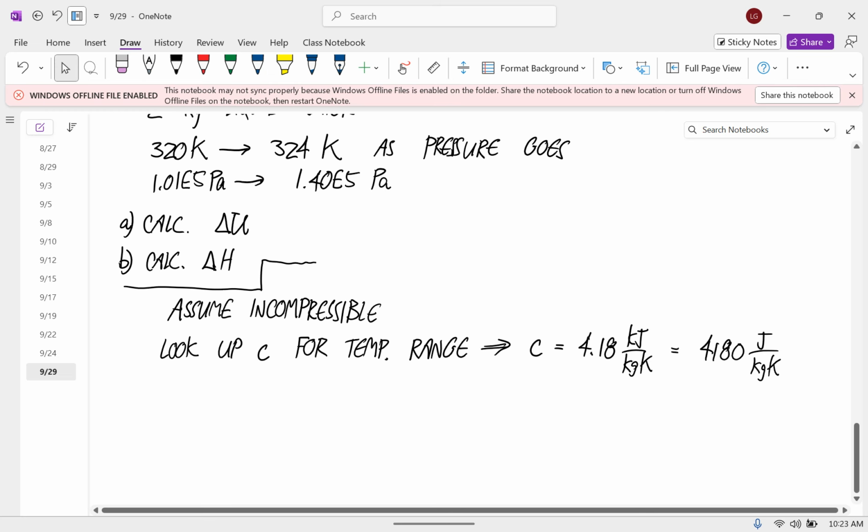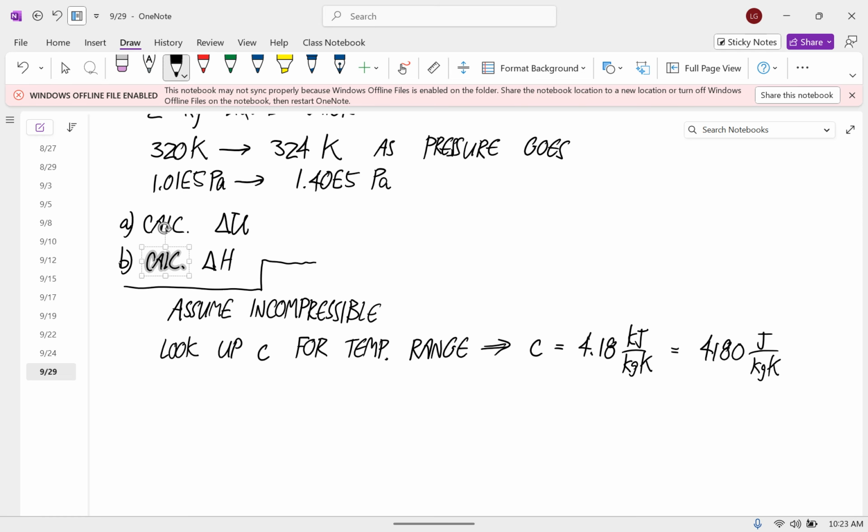And so now we can say that 4180, which is C, we can use the definition of C. This is equal to du dT. We can think of that as the definition of C for an incompressible material. And now we can integrate both sides.